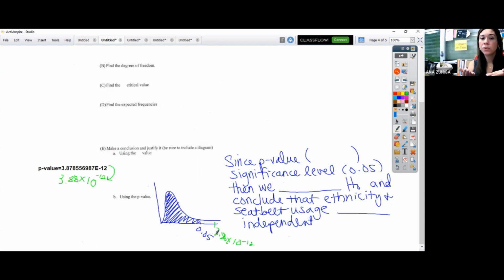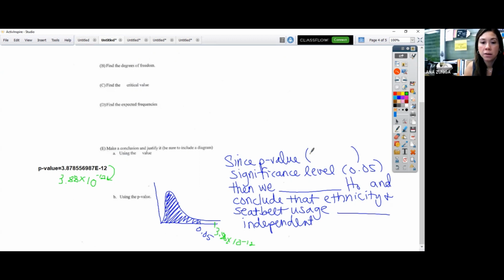And if you look at your notes, when we did this in terms of chi-square calculated versus chi-square critical, the same thing happened. The chi-square calculated was 48.2, which was way bigger than the cutoff, the critical value of 3.841. So how do I write my conclusion?